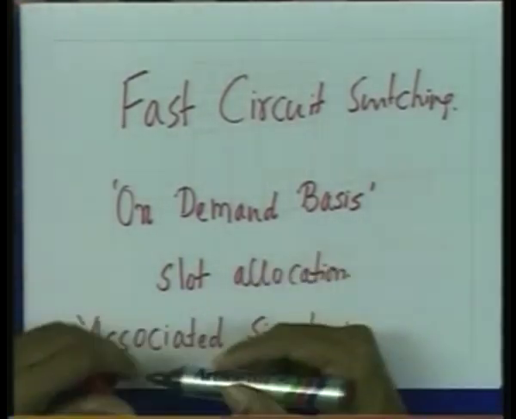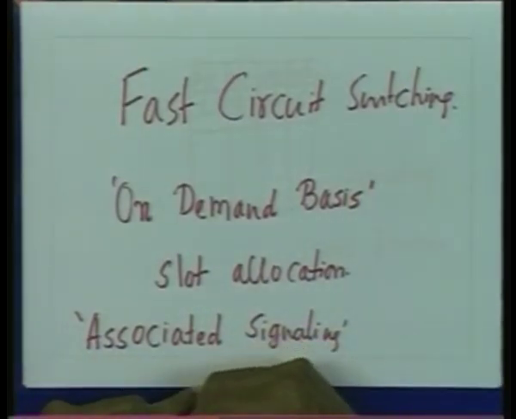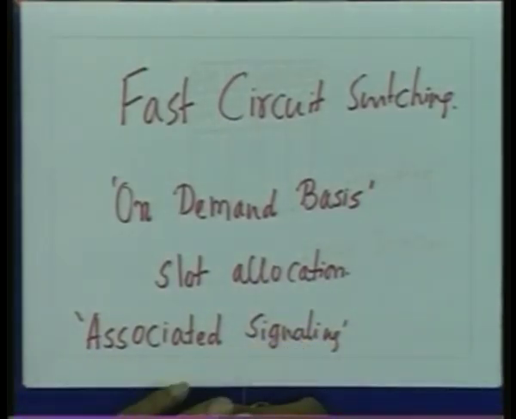The associated signaling works something like this: if a user transmits in a particular slot, in that slot he can indicate by some kind of signaling bit whether he requires slots in the next consecutive frames or not.